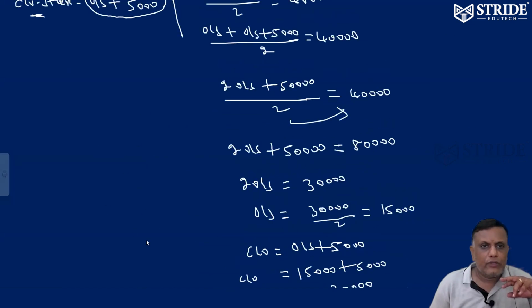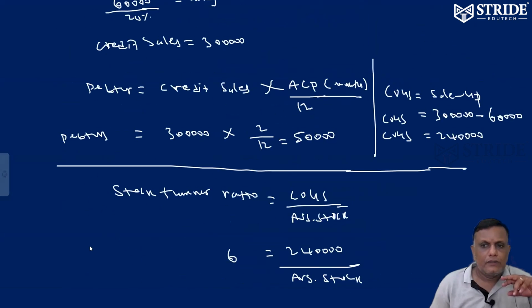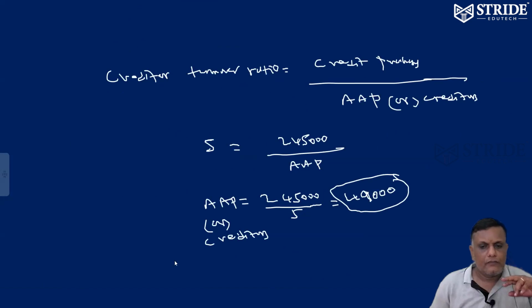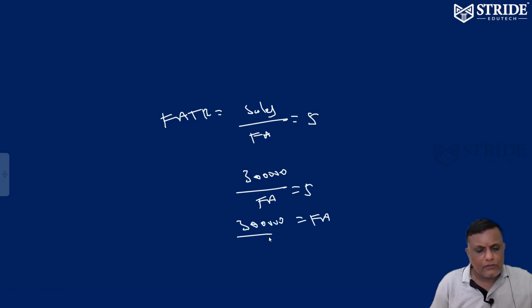Sales is going to be 3 lakhs. So 3 lakhs by fixed asset equals 5. Fixed asset is 3 lakhs by 5, which is 60,000.